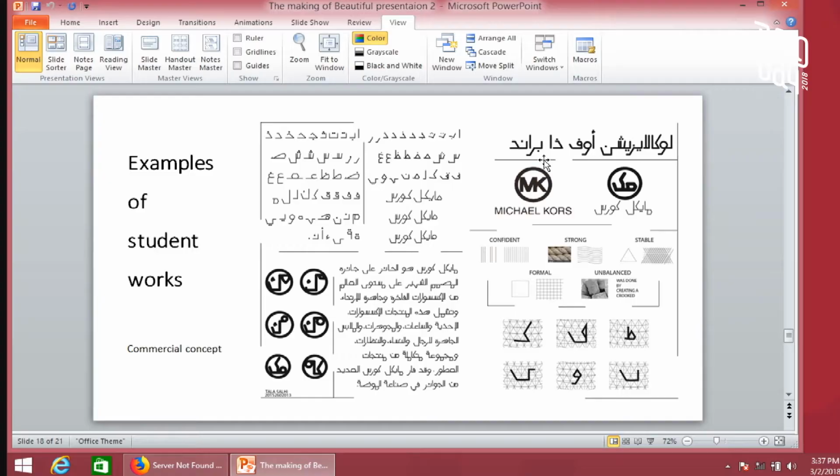Another kind of example is one of our final projects for the Arabic typography course: localizing a brand. We choose one of the international brands and make a localization for that brand. One of our students chose the Michael Kors brand, and she localized it to the Arabic language using her own font.